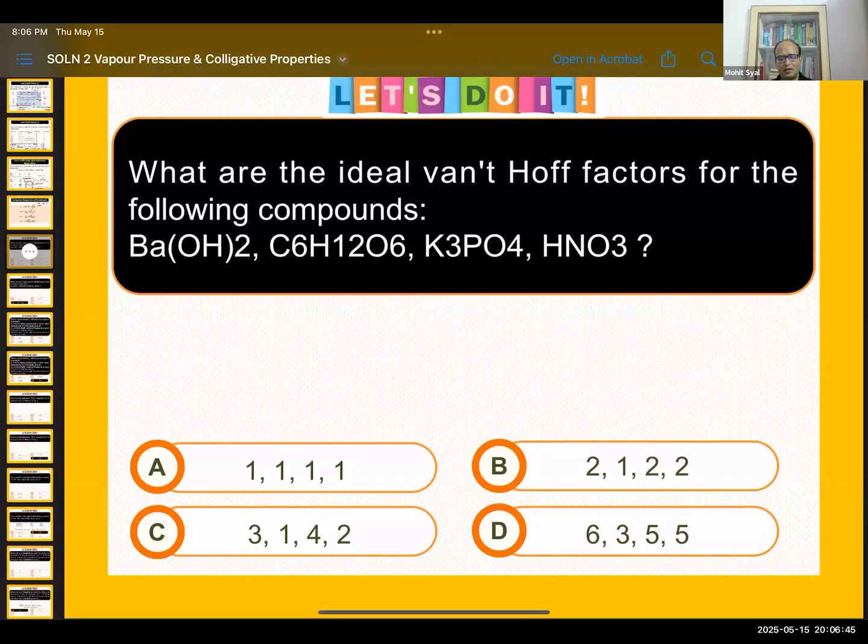What is going to be the I values? If nothing is given, you will assume that they dissociate completely, but you will consider the dissociation only of ionic compounds. Got it? Only ionic compounds. You will not consider the dissociation of covalent compounds.